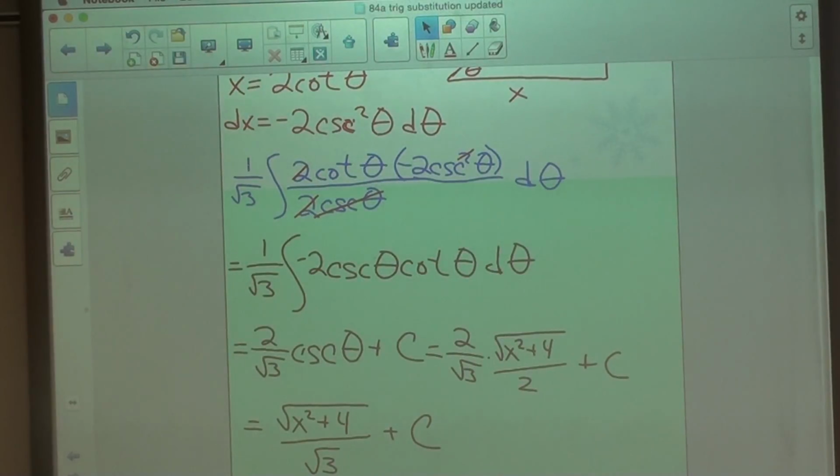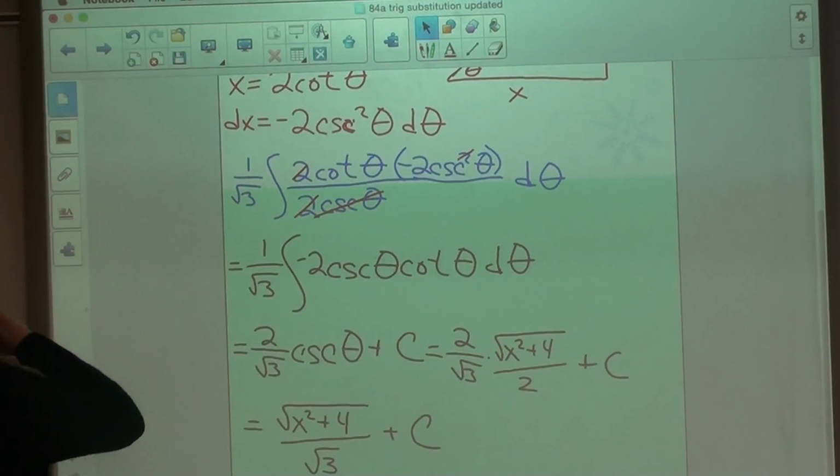Okay, so you have sine, so negative. It's the same as 2 sine, I just got negative square root. Oh, okay, good.